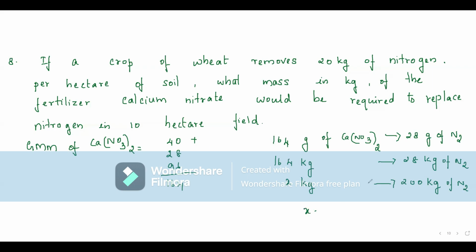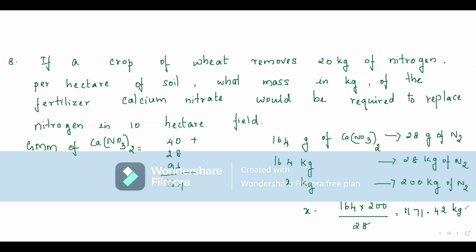Yeah. Now, cross multiply. So X is equal to 164 into 200 by 28. Let me solve this. 164 into 200 divided by 28. That is equal to 1171.42 kilograms.